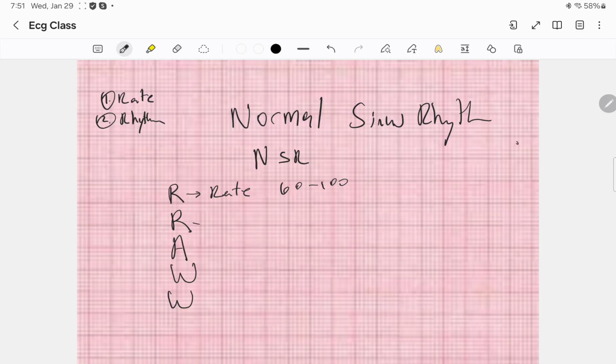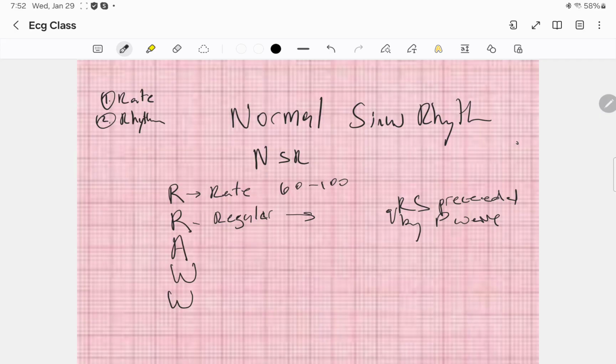Okay. Regularity. So normal sinus rhythm is a regular rhythm, right? So not only should it be regular, but in a very specific way, right? Every QRS should be preceded by a P wave. Alright?